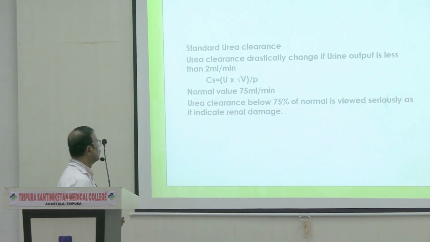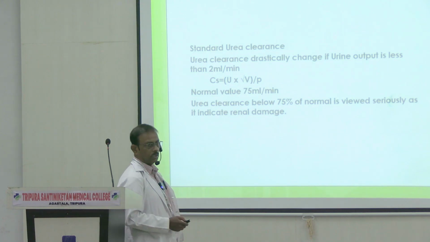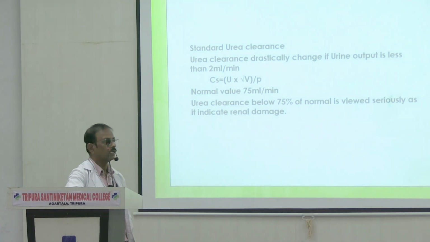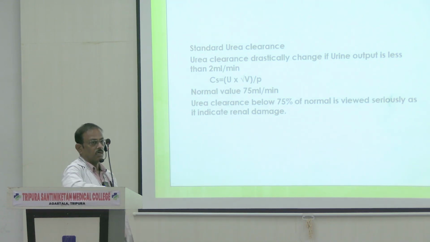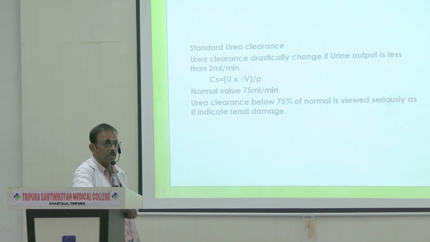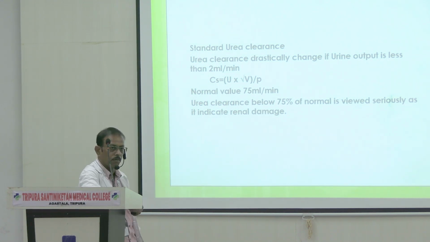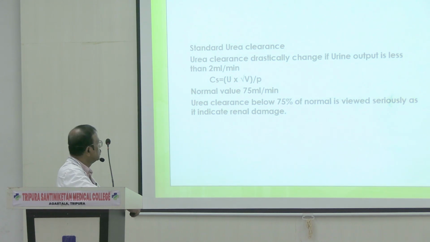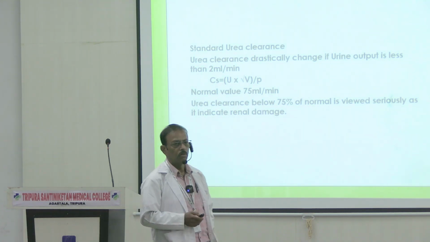Normal urea clearance is 75 ml per minute. So it is not near the normal GFR level, but still it is used. It is less because some of the urea is reabsorbed from the tubule.